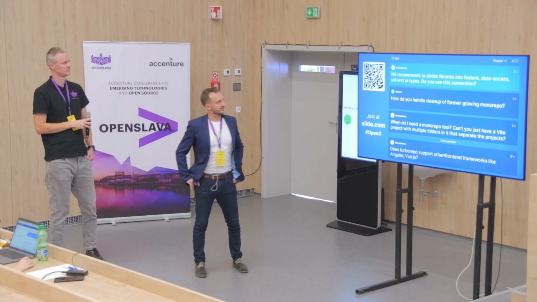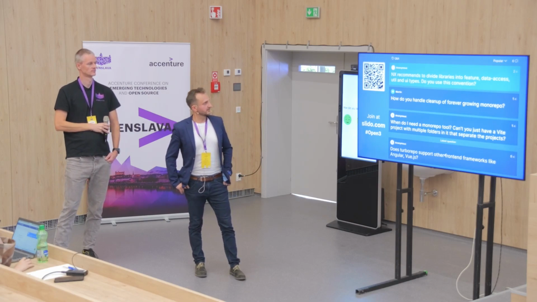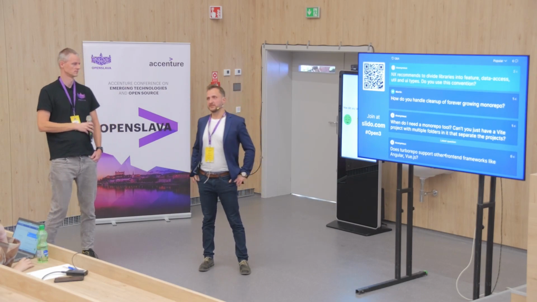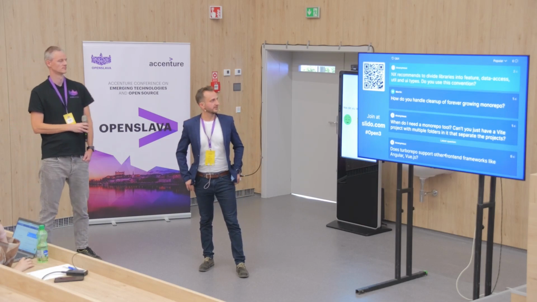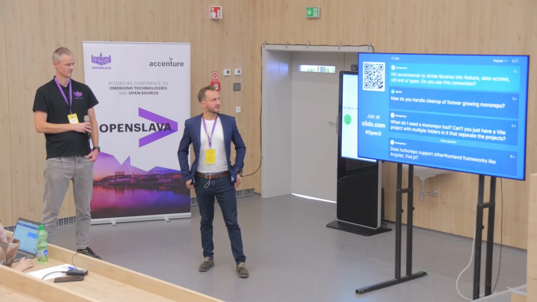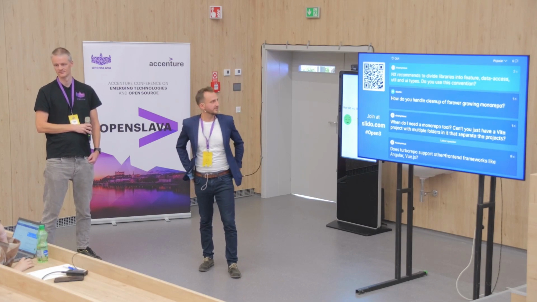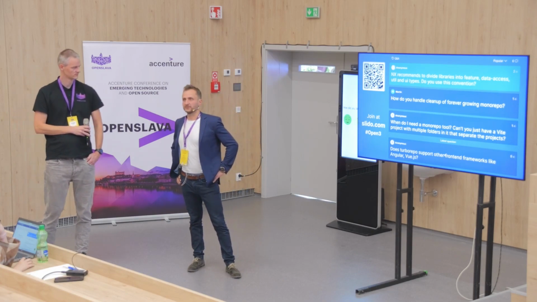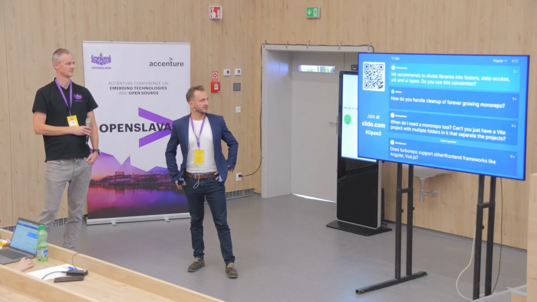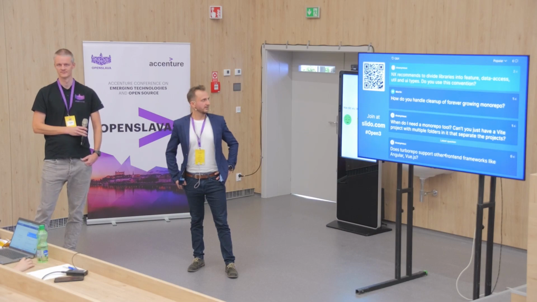Nx recommends dividing libraries into feature, data-access, util and UI types, and to use this combination. Well, this really depends on the team, how they want to set up the monorepo. Nx has some recommendations as you mentioned, but you can run your own setup, which is really up to the team.